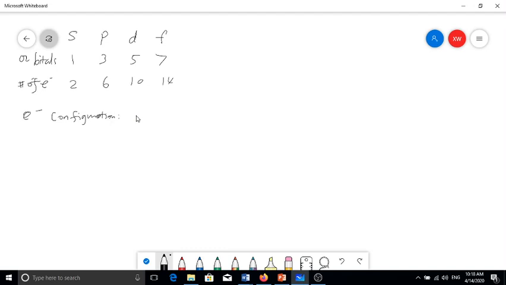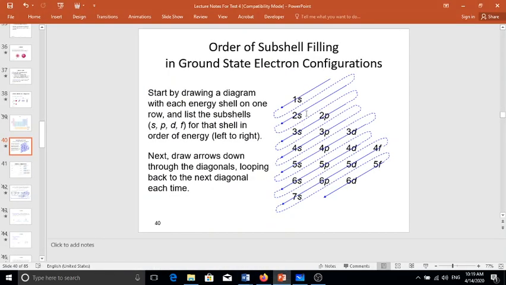Now, 1s represents the first main shell, first subshell, and the little number on top indicates how many electrons are in it. So let's say we filled up 1s with 2 electrons. It cannot go above 2, so it's going to be 1s2. The 2 in the upper right corner indicates the number of electrons, followed by, after 1s, 2s, and then 2p.